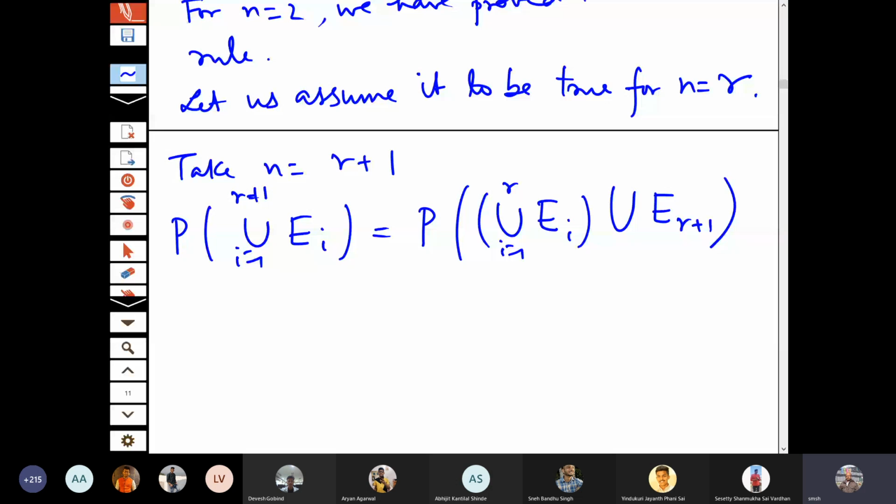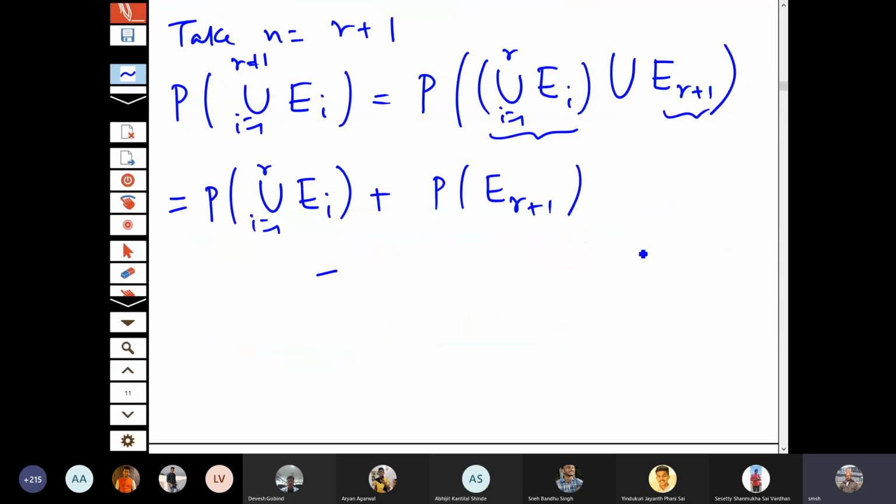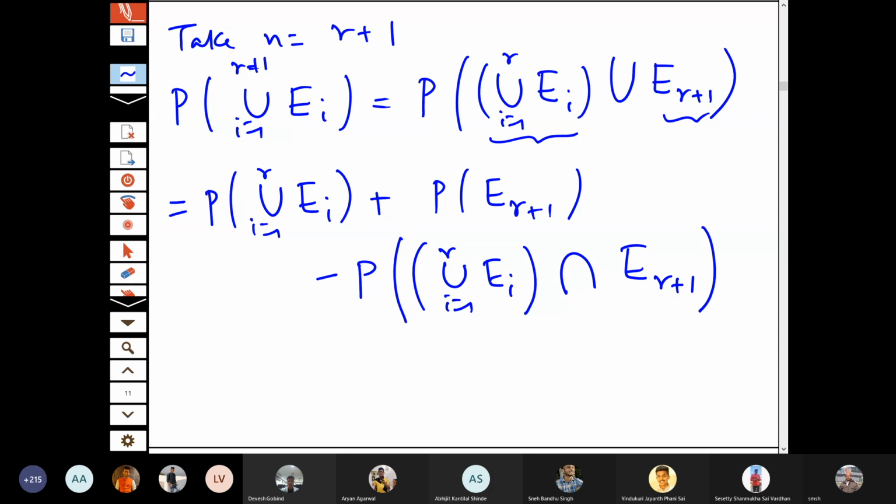Now this is a union of two sets, and for two sets we have already proved it, so I apply that formula here: probability of union Ei, i equals 1 to r, plus probability of E r plus 1, minus probability of union Ei, i equals 1 to r, intersection E r plus 1.